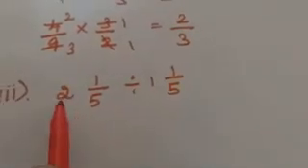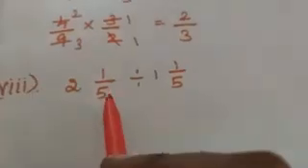Now we will take two mixed fractions so that it is easy to understand. You can solve the rest of the questions. Question number 8, I'll solve it. 2 1 by 5 divided by 1 1 by 5. Both are mixed fractions. So what you have to do first?